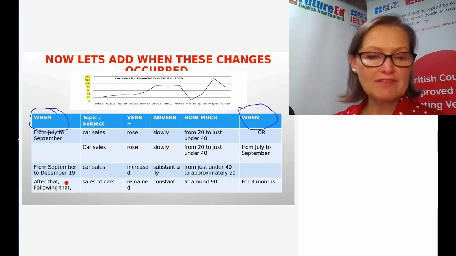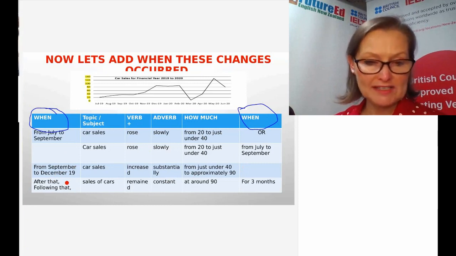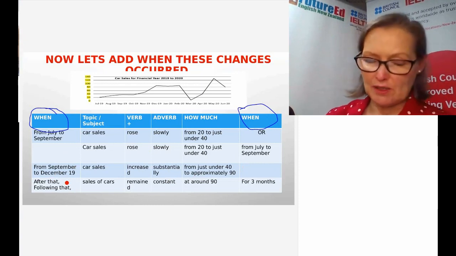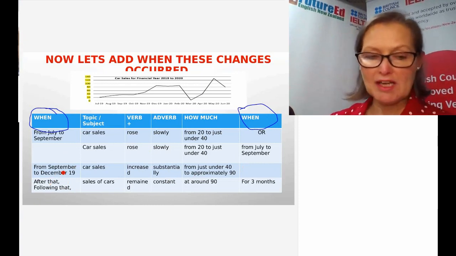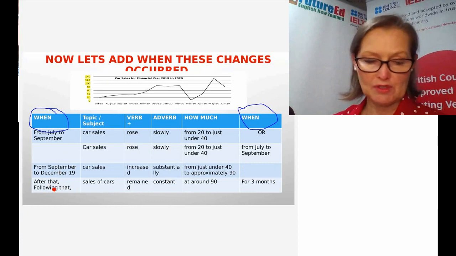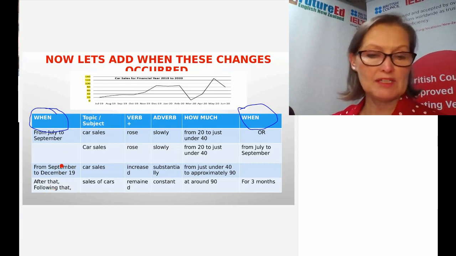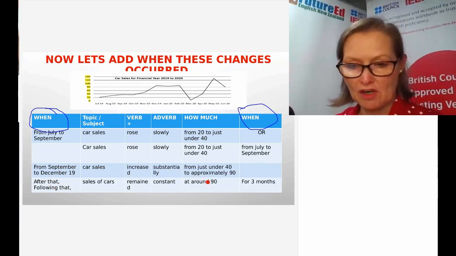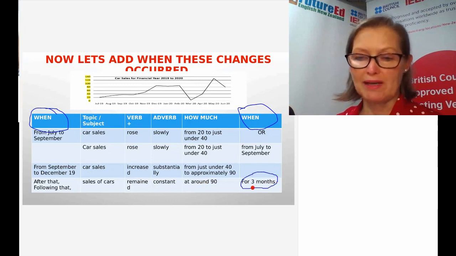And then have a look after that, or following that, which is my sequence, isn't it? It's my time sequence, my words to talk about sequence in time. After, following, the cars remained constant at around 90 for 3 months.